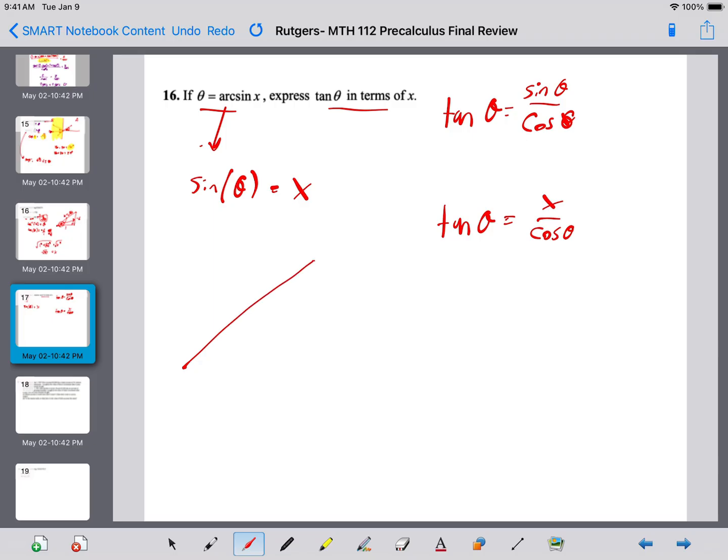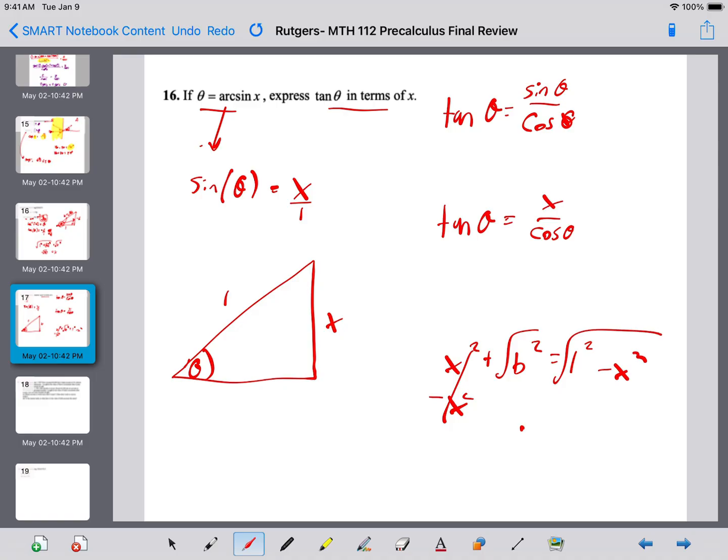Another thing you could do, you can use your right triangles. So we're saying sine theta equals x. So then opposite is x, hypotenuse is 1. x squared plus b squared equals 1 squared. You could subtract x squared, take the square root, and we get b equals the square root of 1 minus x squared.